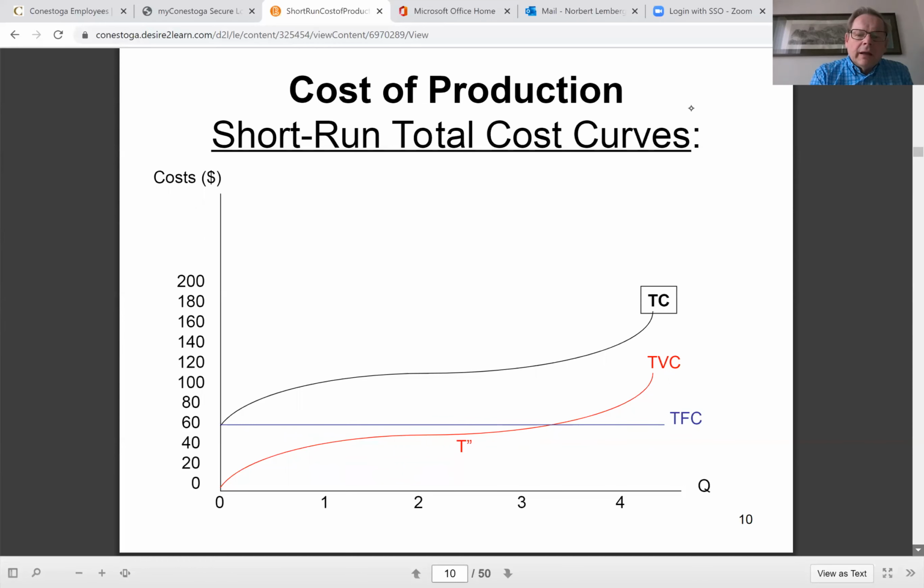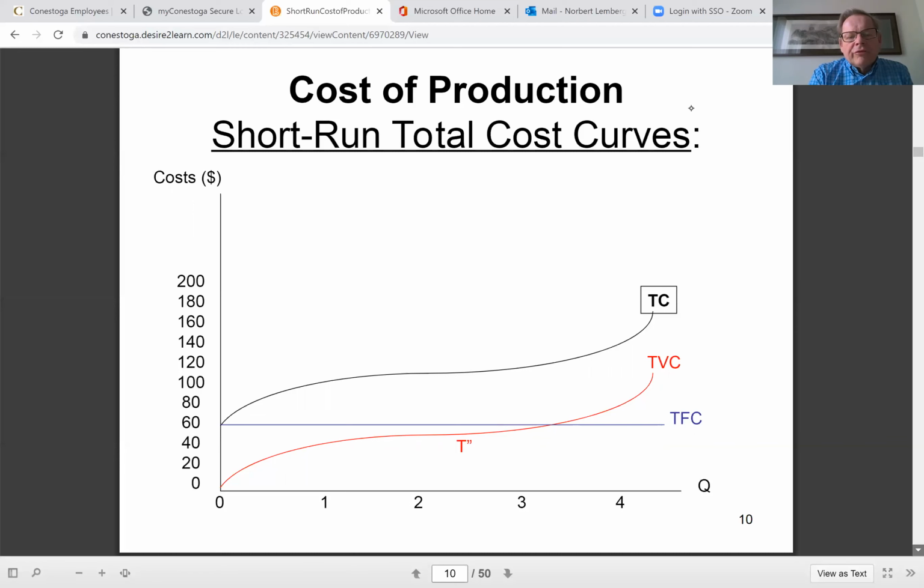It is a stylized S. This T double prime means that to the left of it, the law of diminishing returns has not set in. Then at T double prime, which is about 2.5 here, the law of diminishing returns sets in and the total variable costs start to skyrocket.